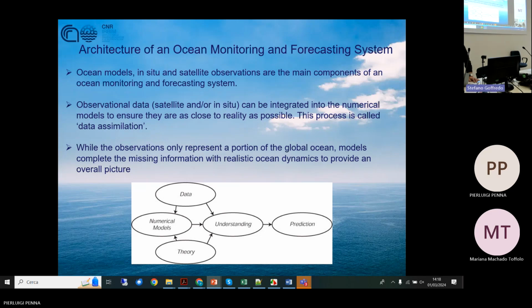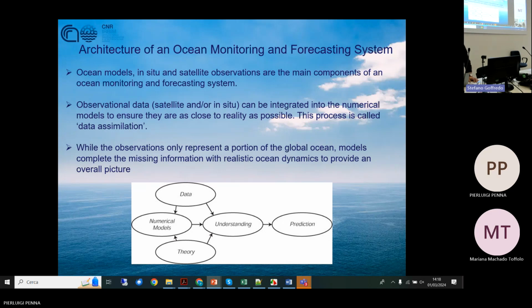This process is called data assimilation. It's a very important phase of the modeling process. While the observations only represent a portion of the ocean, models complete this missing information with realistic ocean dynamics to provide an overall picture.